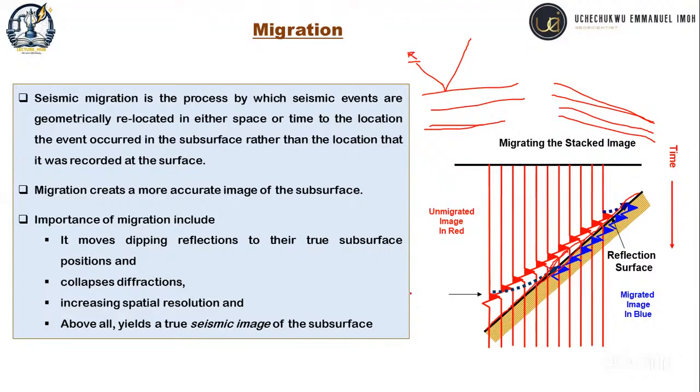So you have an accurate image of the subsurface, and it's very important because it will also collapse diffractions in your data, and it will increase your spatial resolution. When I say spatial resolution, I mean resolution from left to right, horizontal resolution. Temporal resolution is improved by deconvolution, which I've explained.